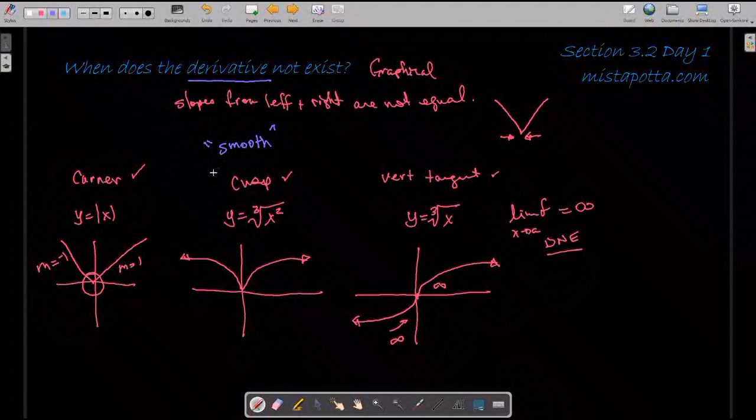We would say that a function is smooth if it doesn't have any of these corners or cusps or vertical tangents. We say a function is smooth if the derivative exists for all points on its domain. We could say a function is smooth on an interval if it's differentiable on an interval.